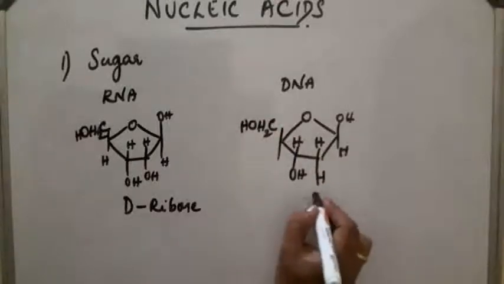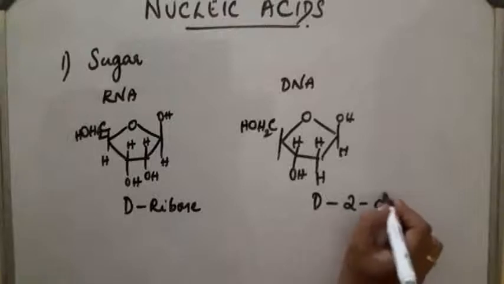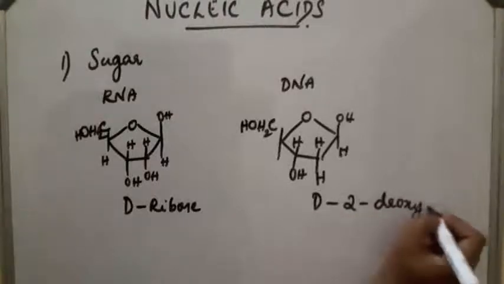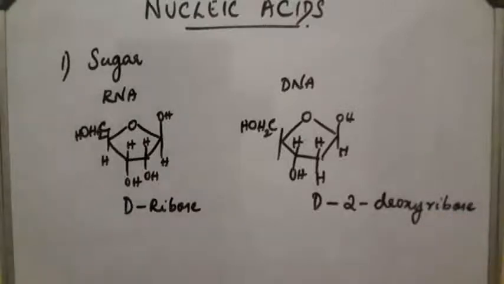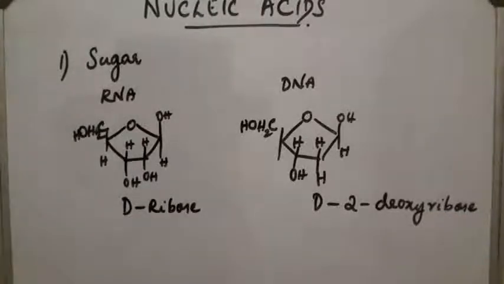This compound will be D 2-deoxyribose. These are the two sugars present in RNA and in DNA. This is the first main part of nucleic acid.